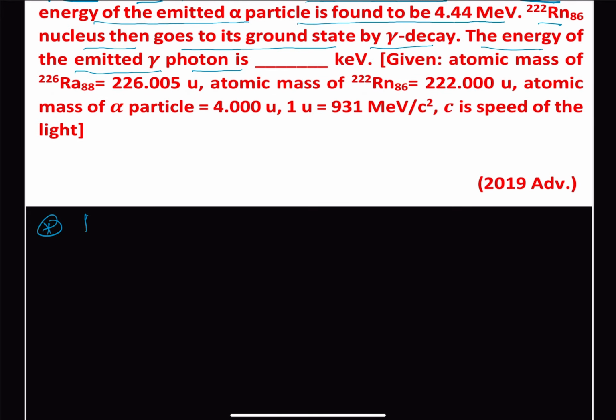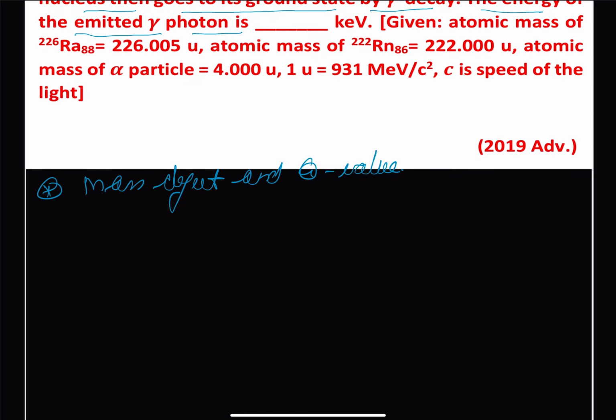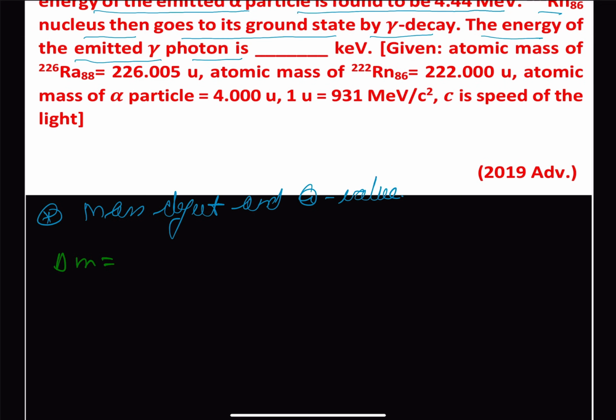So we can say our mass defect and Q value. We have delta M equal to mass of Ra, 226.005, minus mass of Rn, 222.000, minus mass of alpha particle, 4.00.